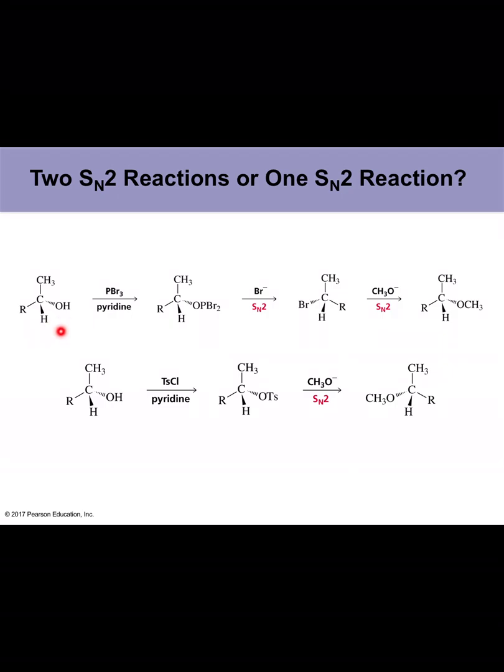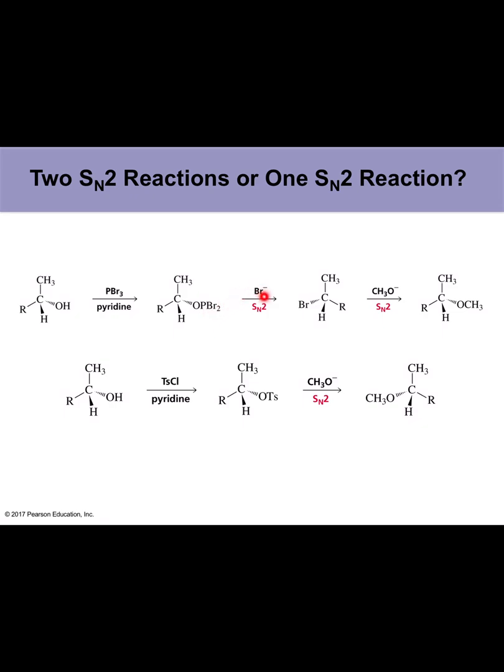Now this is the reactant, with phosphorus tribromide and pyridine. The alcohol group is going to be activated with the PBr3. If the activation takes place, it's just the PBr3 adding on to the oxygen, so it retains the configuration.